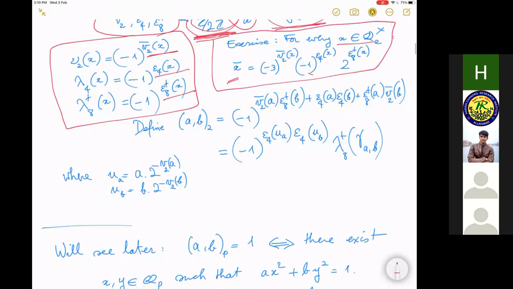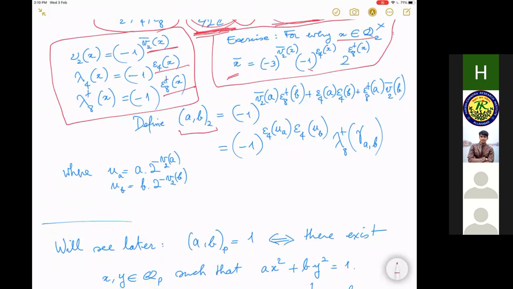Anyway, here is the Hilbert symbol which we wanted to define. We have done it for p odd, and this is for p equal to 2. The Hilbert symbol (A, B)_2, so A and B are of course in Q2 star, is minus 1 to the power this expression.